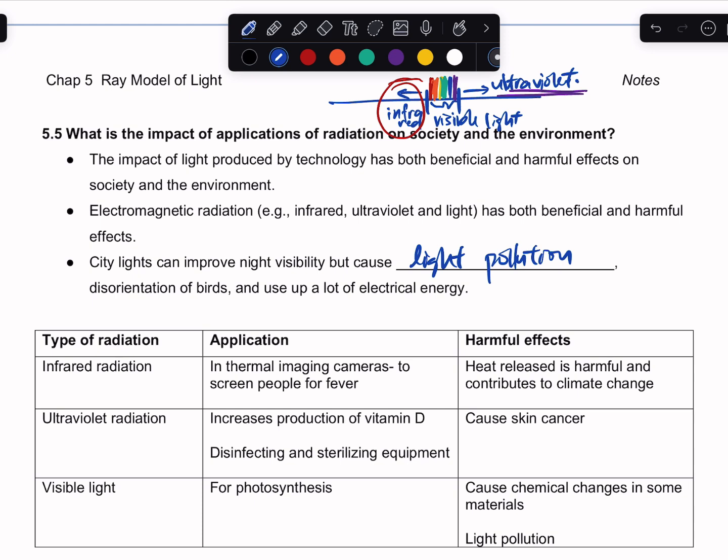Some of these cities have very serious light pollution, and we are unable to observe the night sky. Other than this frivolous reason of human beings being unable to observe the night sky, it also causes disorientation of birds, and this also releases a lot of energy in the air, because you use up electrical energy to power up the lights.